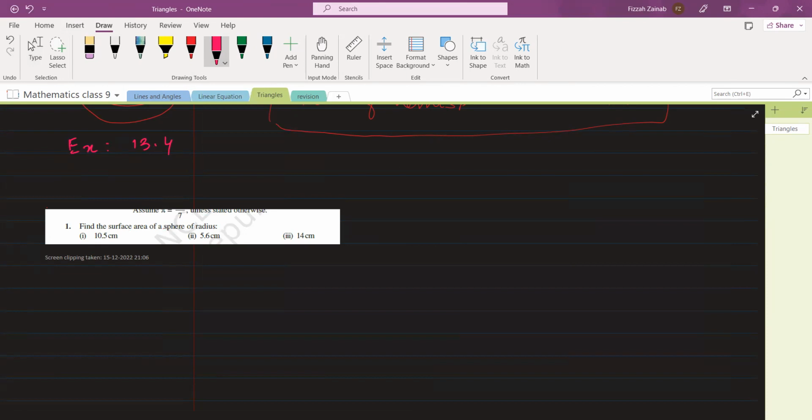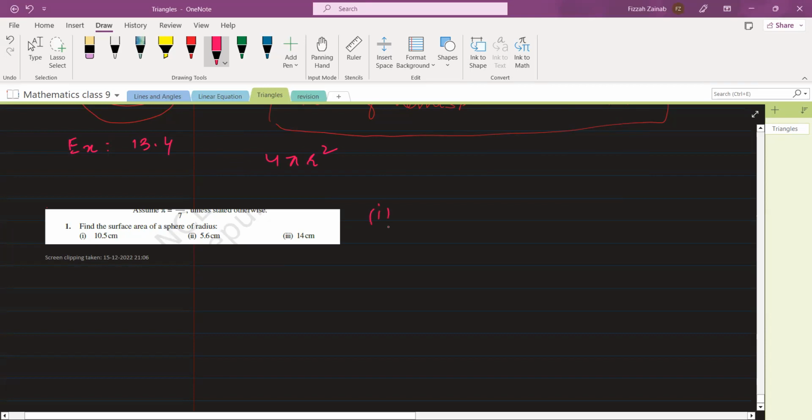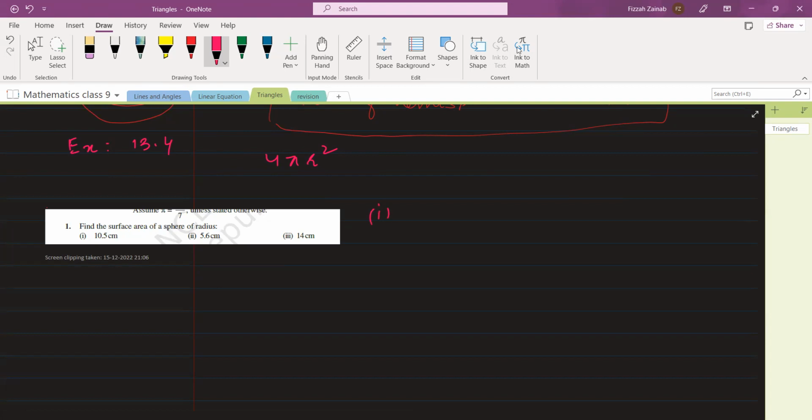Find the surface area of sphere. That means 4 pi r square. So you just have to put the value of r to solve it. So please do part number 1, 2, and 3. And let me know if you're not able to do, and tell me answers also. You can send me picture, okay? After completing part 1, send me a picture. And just ask me if you are not able to solve, then I'll solve it.